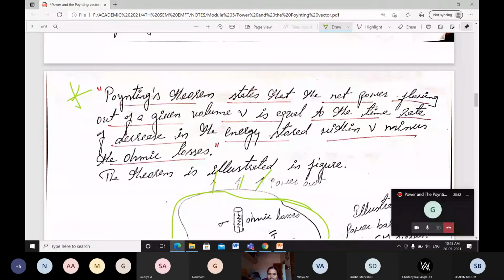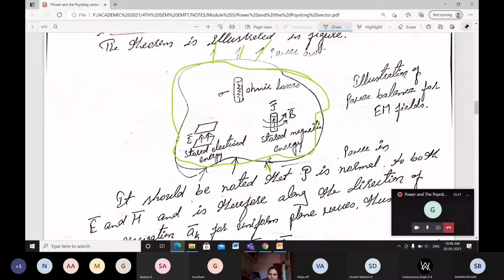The figure shows how much power is going in, in terms of the arrows. The power in is written here, and then that much power is going out, that is P out. Within this, the stored electric energy is decreasing and the stored magnetic energy is also decreasing, minus the ohmic losses, which are due to the conduction of the current.